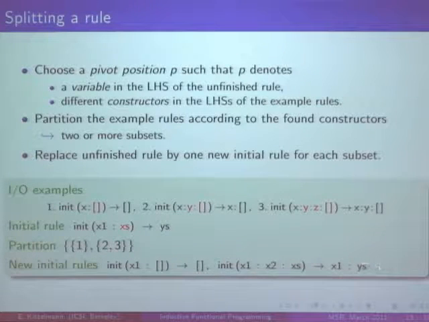And the first rule just reproduces here the first example in this case, and it's the base case of the recursive function. And this second rule is again unfinished because it has here again an open variable ys.